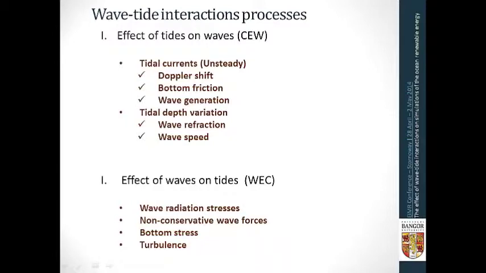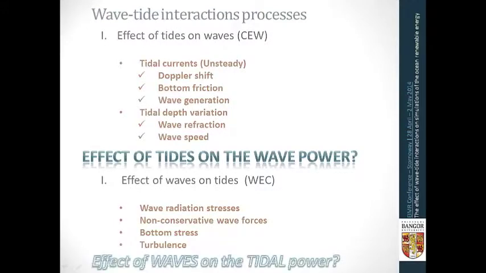And there's the other way around effect, that if you have waves, the waves are going to change the tide as well. So in this presentation, I'm just going to talk about the effect of tides on waves. We have done another work on the effect of waves on the tidal power, which hopefully we are going to present in other meetings.